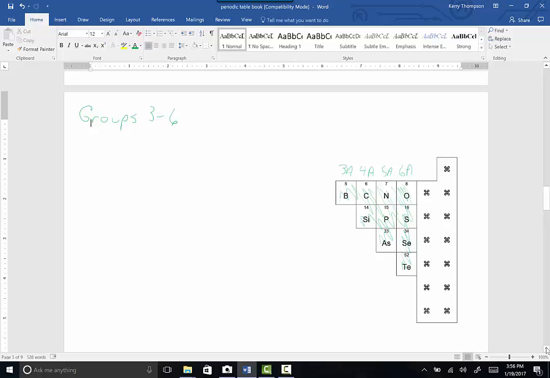These are also nonmetals, like we've been talking about so far. They are non-lustrous. They are poor conductors of electricity. Which means, of course, that they are going to be dull.